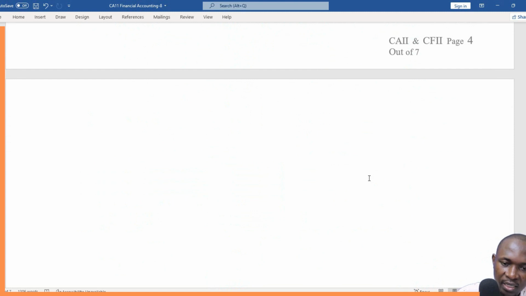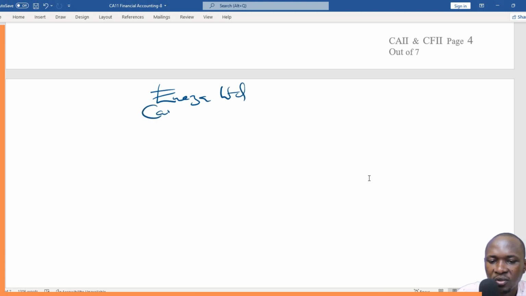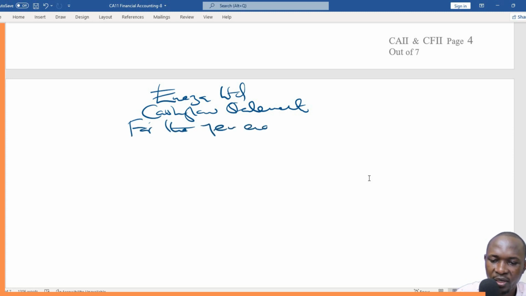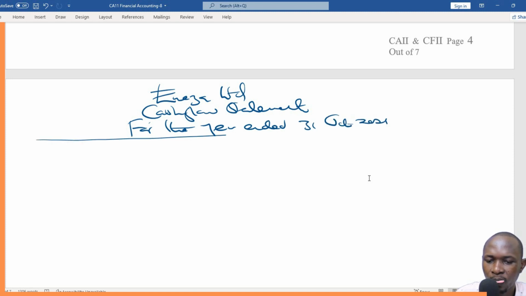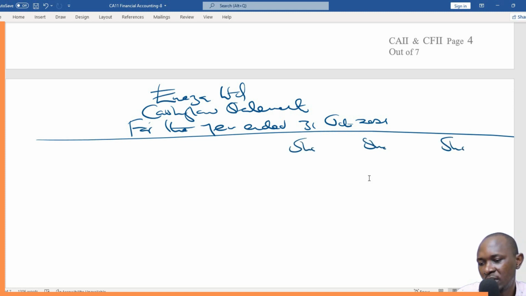So we'll come here and say Eneza Limited, cash flow statement for the year ended 1st October 2021. You can have 3 columns or 2 depending on how you like it.